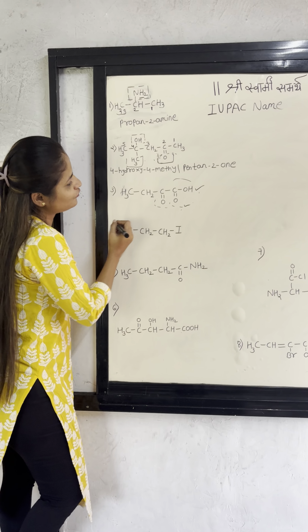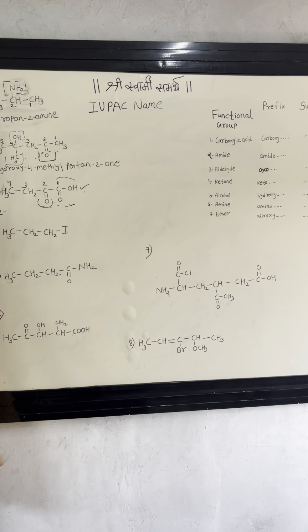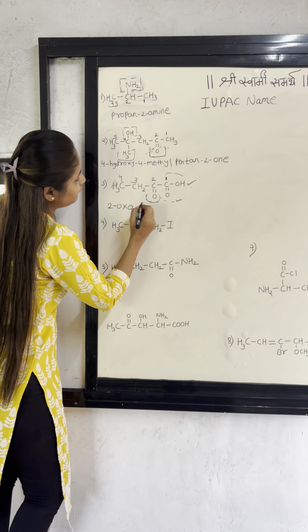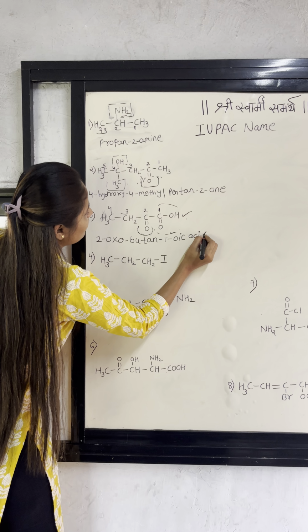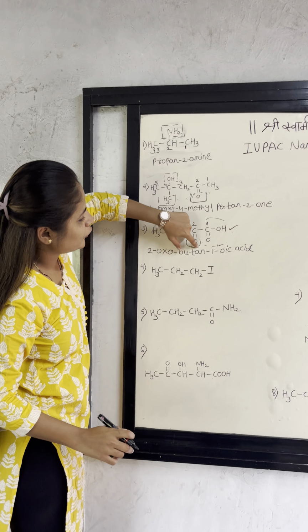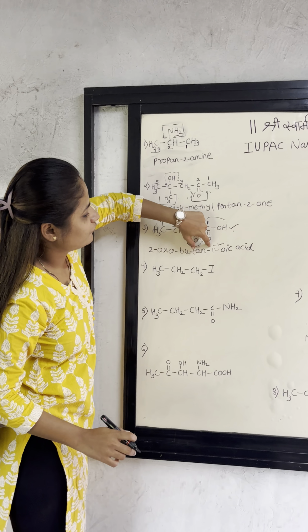For aldehyde we use the prefix oxo. So 2-oxo, it is a 4 carbon chain, so butane, 1-oic acid. That is 2-oxobutane-1-oic acid.